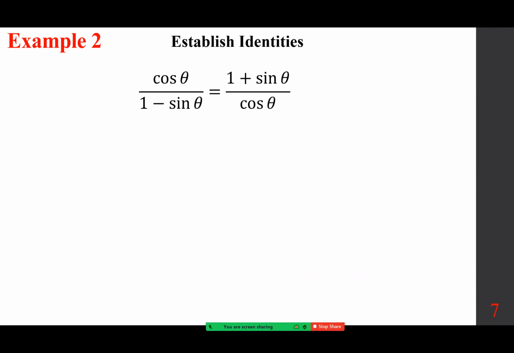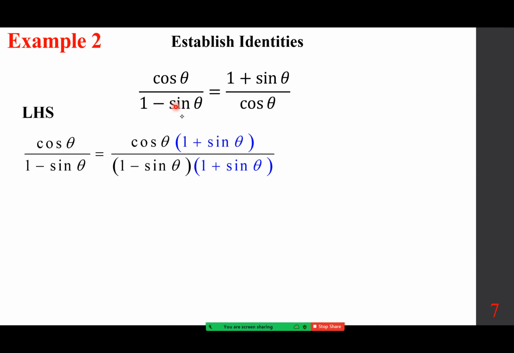All right. What about this one? We start from one side. And since we did the previous one, we notice we can do the same thing here. If we start with the left-hand side, we can multiply by 1 plus sine theta and divide by it. Sometimes you can do the cross product, that's okay too. But if you want to go from one side to the other, establishment works out this way.